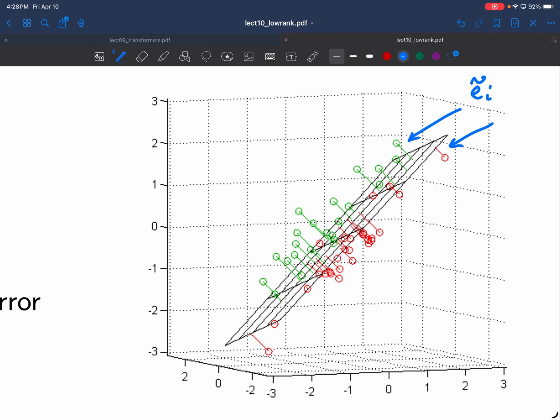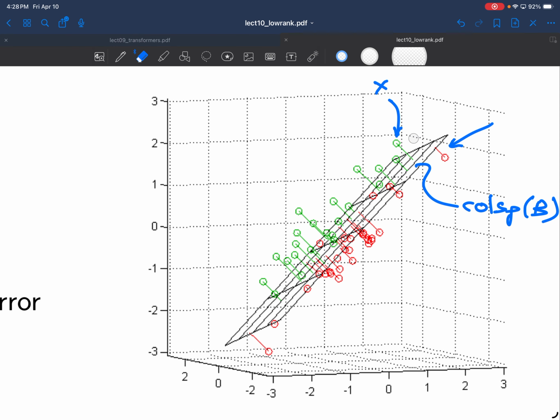This is the column space of B, and this is the original X in the three-dimensional space, and so, for example, this here would be X hat, and this will be your e i.